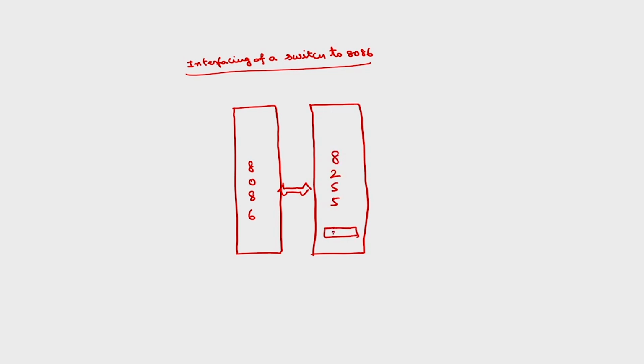Let the address of the control register be FFH, and this is port A, PA0. The port A address is FCH, and port B and port C will have FDH and FEH. Here also, because only a single switch is there, I need only one port. I am going to connect this port A, which will be programmed as an input port.